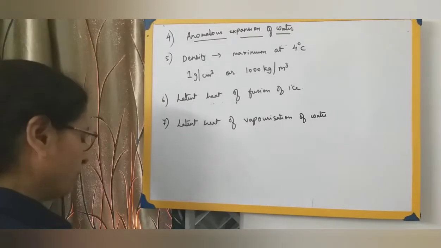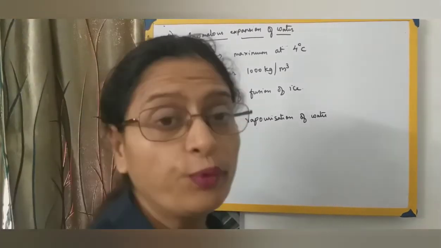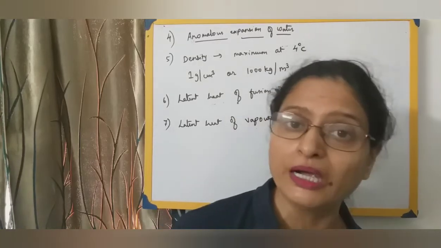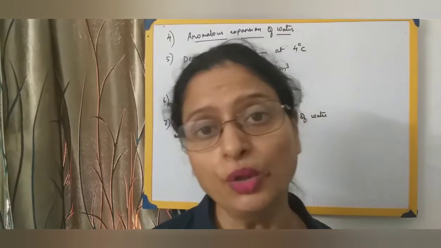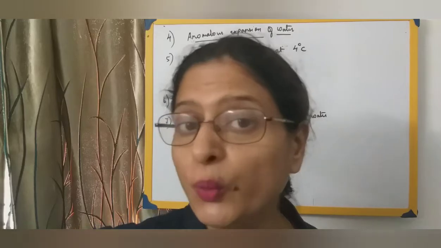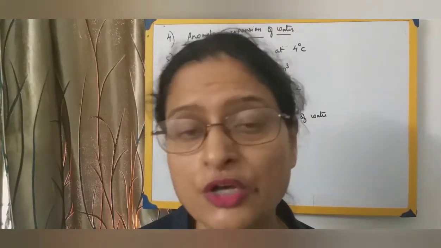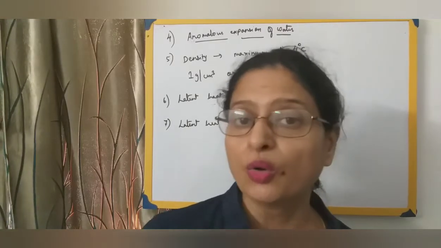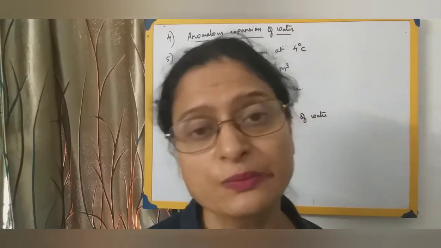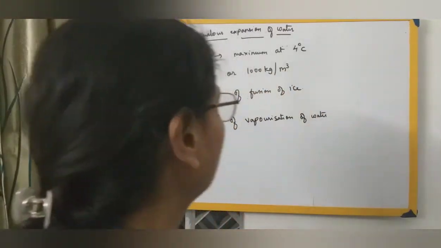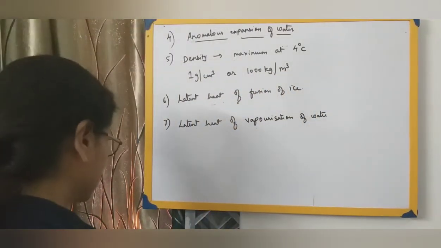The amount of heat required to change water into vapor at its boiling point. I repeat once again, water has to be changed into vapor, so obviously the boiling point of water is involved. The amount of heat required to change water into vapor at its boiling point without any change in temperature is called the latent heat of vaporization of water.